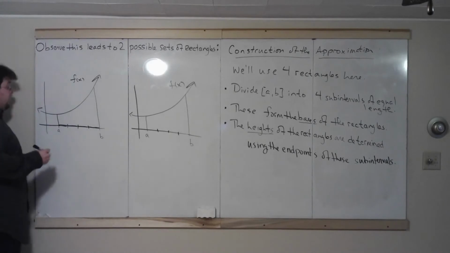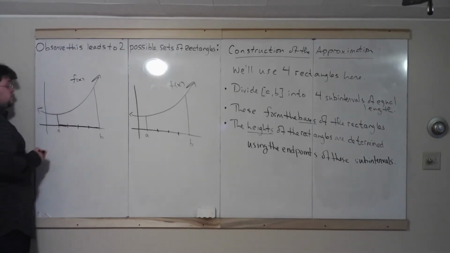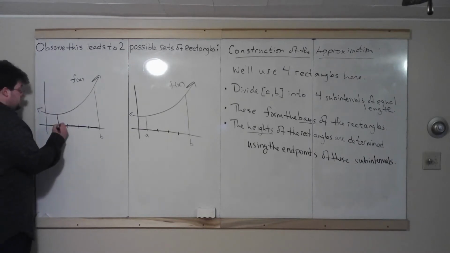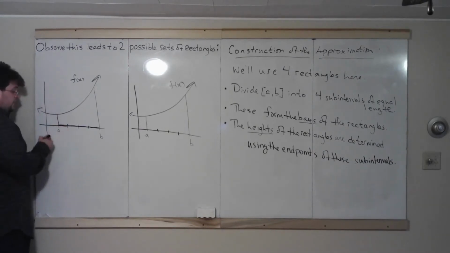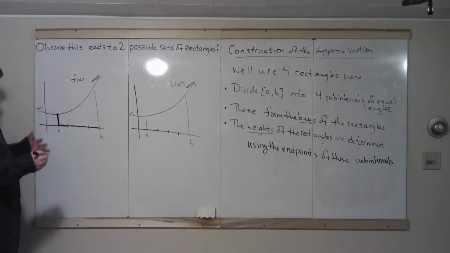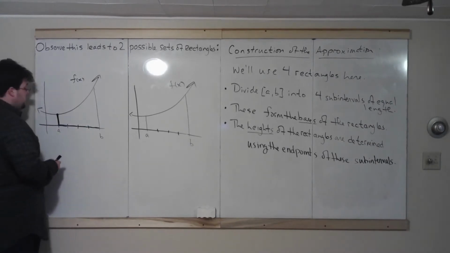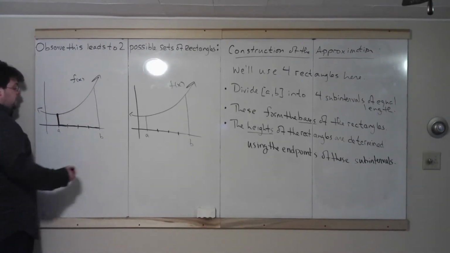One side of the rectangle is this piece of the x-axis. The other side is given by the function evaluated at, in this case, the left endpoint. The function evaluated at the left endpoint is that height. It's a y value corresponding to the point x equals a. So right there, that's going to form the height of the rectangle.